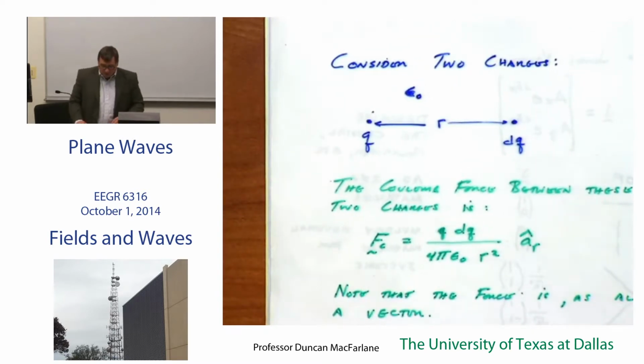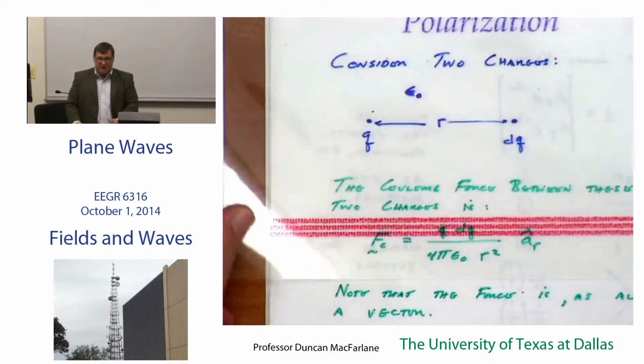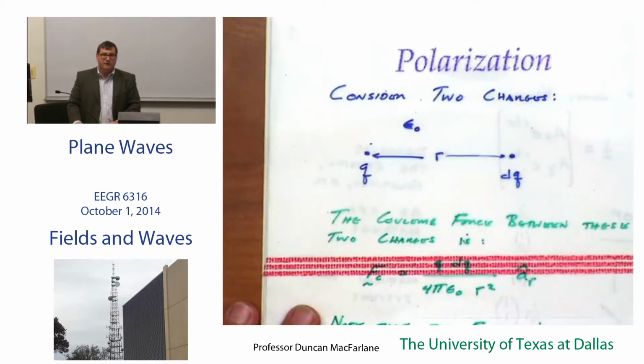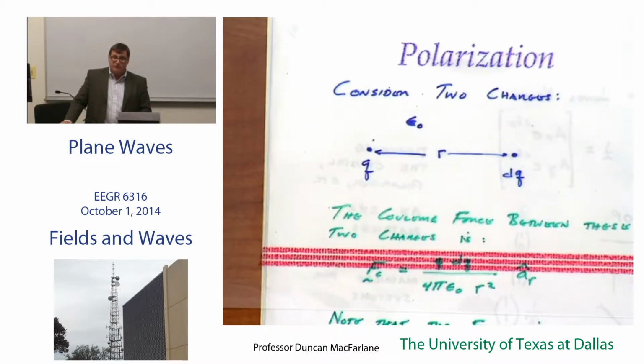So what I want to do is talk about polarization. Okay? Unfortunately, polarization is a word that's used two different ways in this course. That capital P, the material problem vector, that was polarization, but that's not the polarization that I mean today.